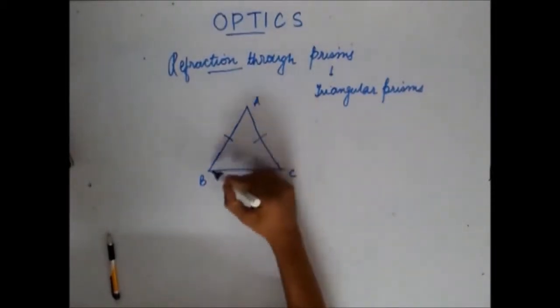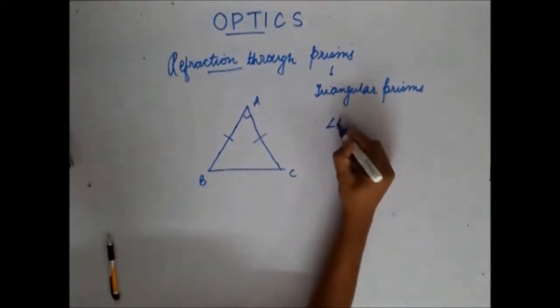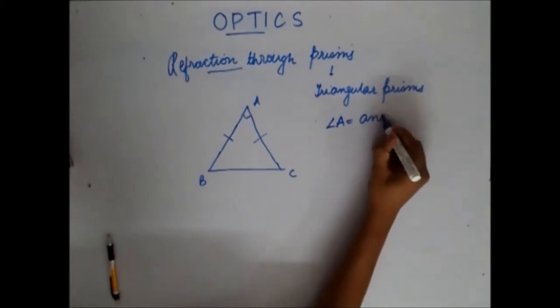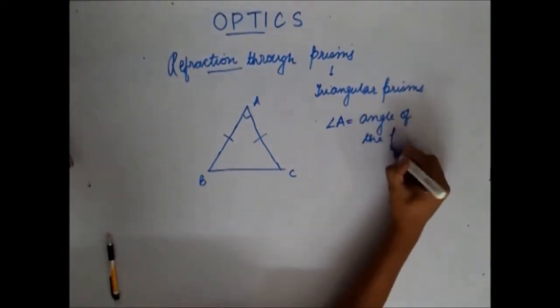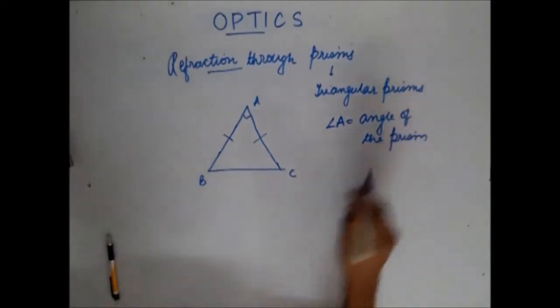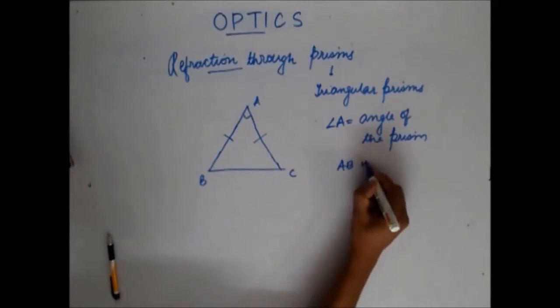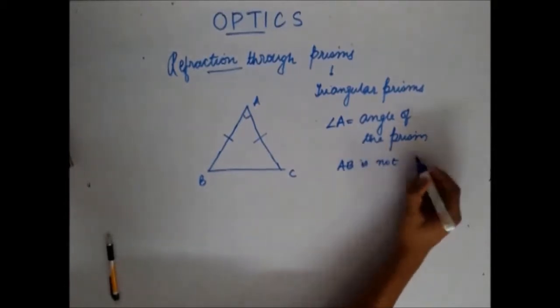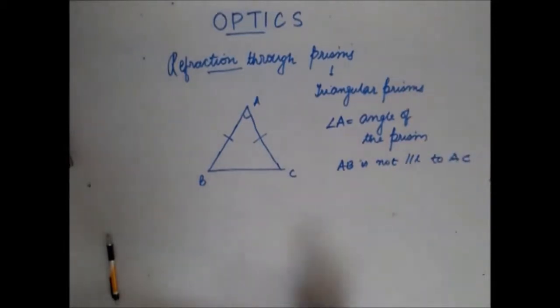The angle between the two surfaces AB and AC in this prism is known as the angle of the prism. Now in this case, as you can see, since AB is not parallel to AC, that means what?